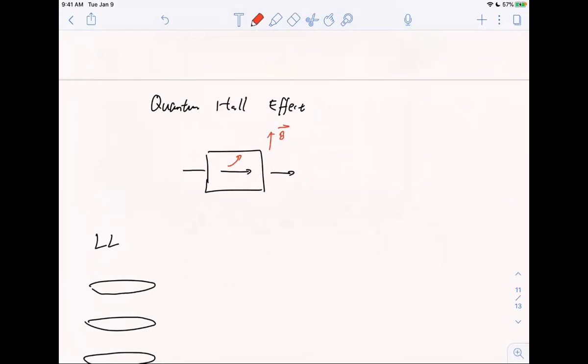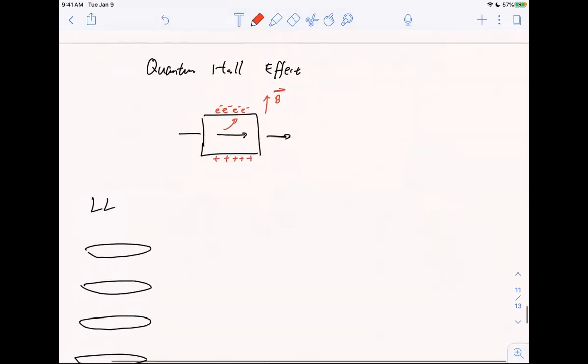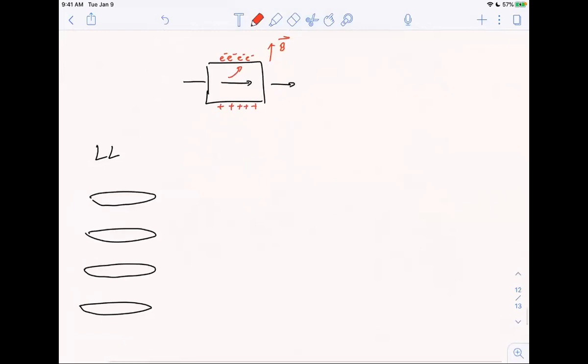You have the electrons accumulated on one side, and then the positive charge on another side. And then you have the voltage, the Hall voltage. So generally you will have two kinds of transport direction. One is along the XX direction, and one is along the XY direction.